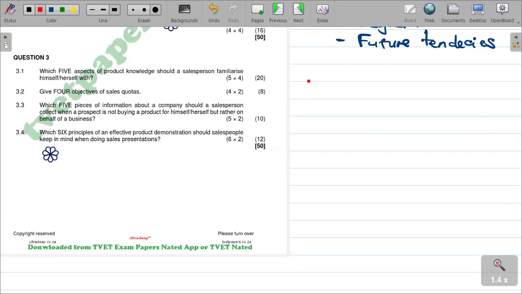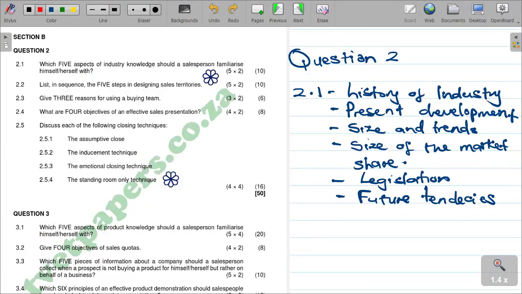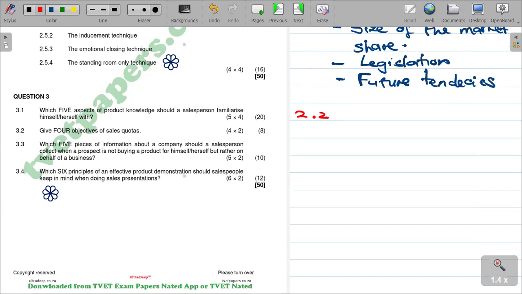List in sequence the 5 steps in designing sales territories.